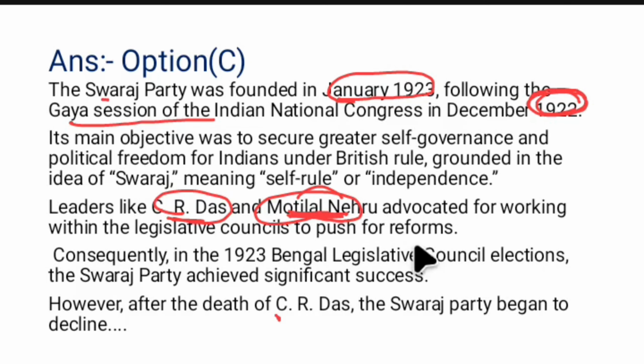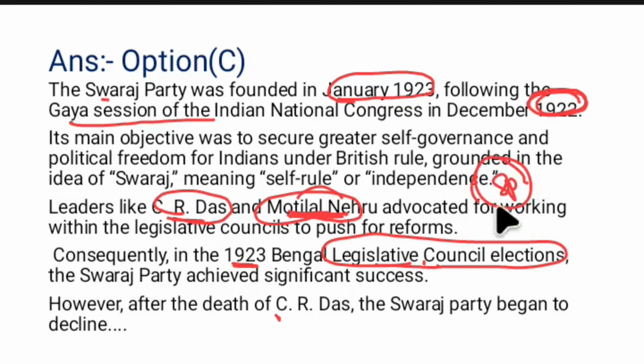They wanted to bring reforms to the Indian political system by entering the legislative council elections. In the year 1923, the Swarajist party contested the Bengal Legislative Council election, and they won it. This was a major success for the Swarajist party.